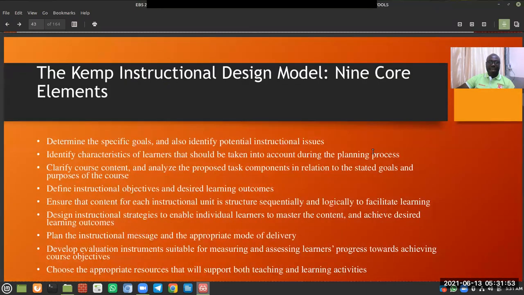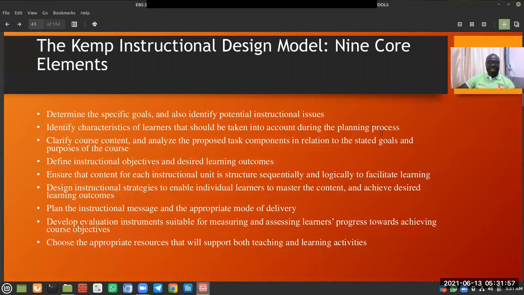Then we have the Kemp Instructional Design Model. The Kemp Instructional Design Model has 9 core elements. And I would love for us to have a discussion on the 9 core elements of the Kemp Instructional Design Model.